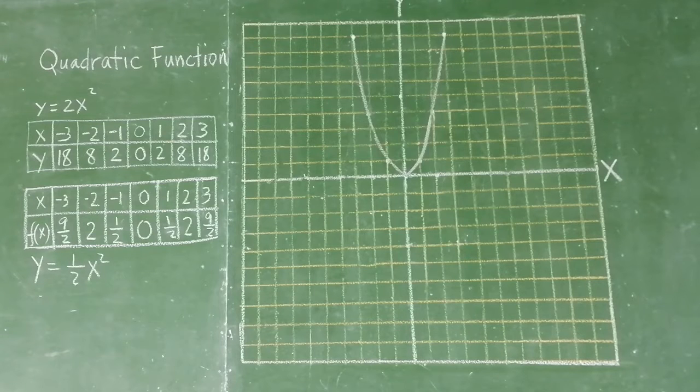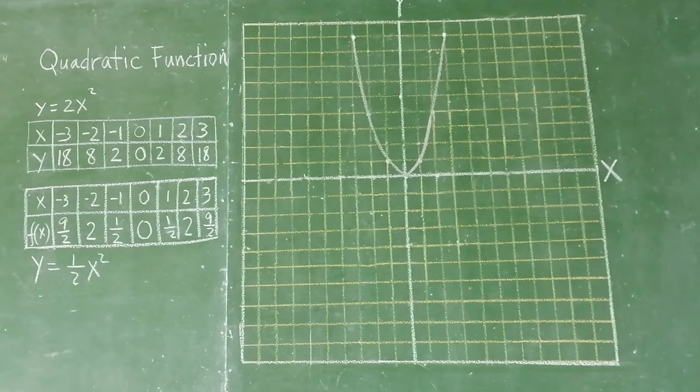How about when a is greater than 0 and less than 1? So it may be in fraction or in decimal. Example is 1/2, 1/3, 1/4, etc. As long as it is less than 1, but it is greater than 0.